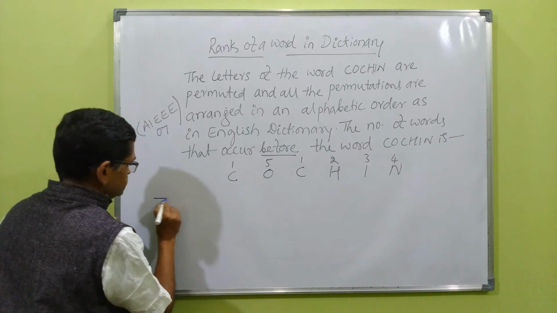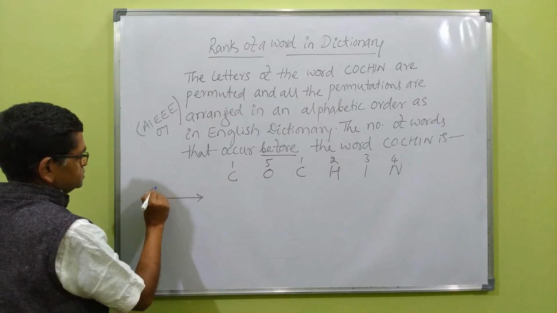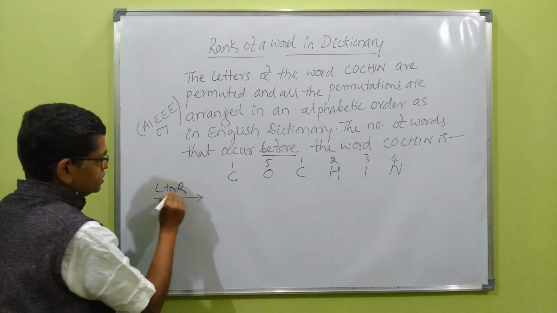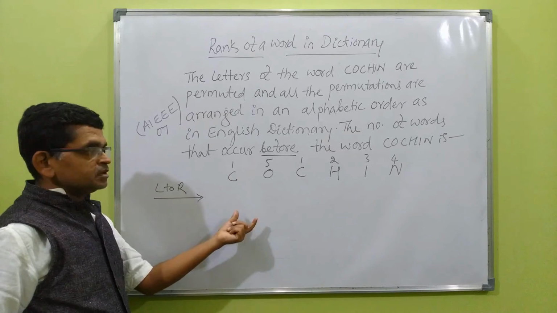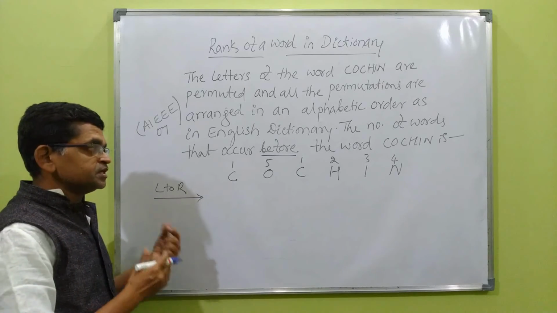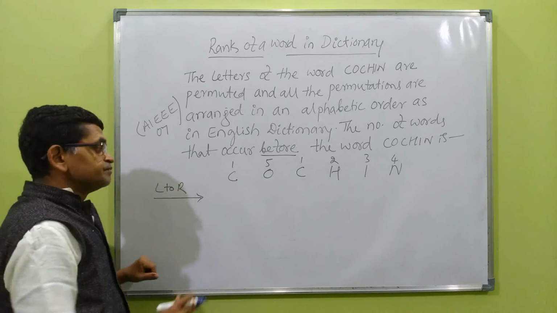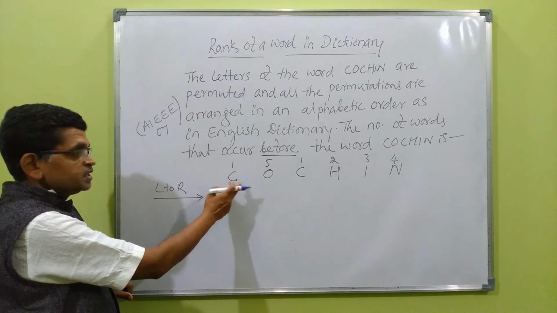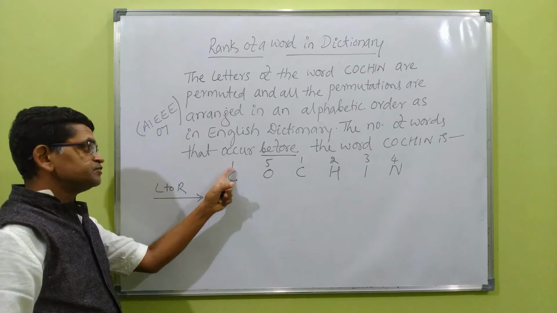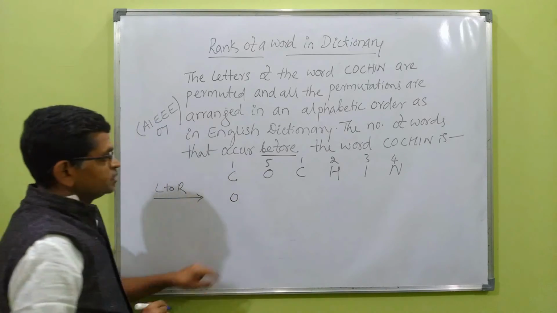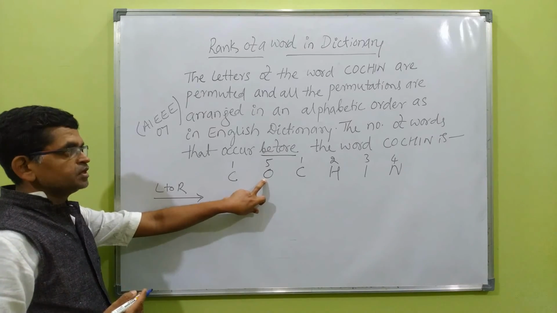Now, you have to write, from left side to right side, the number of remaining letters before the given letter. So suppose say C, there are no letters before this C because this is the first letter. So 0. So this is fifth one, means before that there are 4 letters.